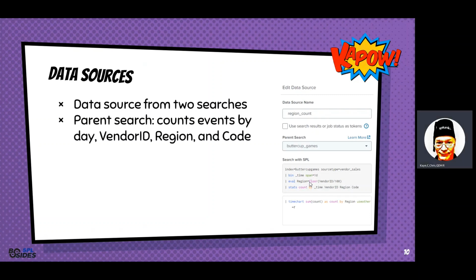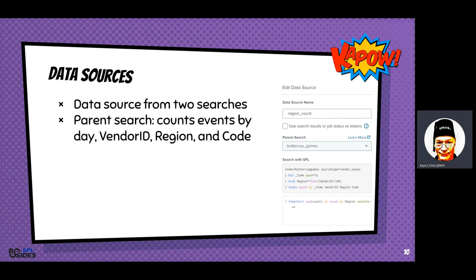Note the use of the floor function to keep this as an integer. Then it creates the first level aggregation statistics, counting the events by time, vendor ID, region, and code. These being the dimensions I might want to slice the data by.